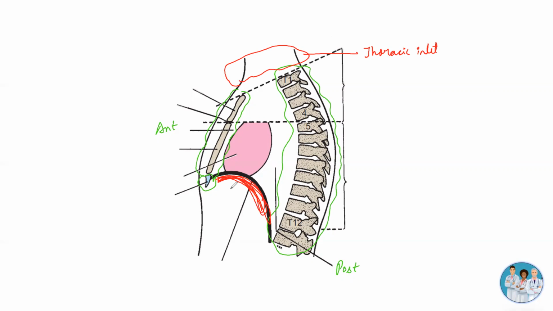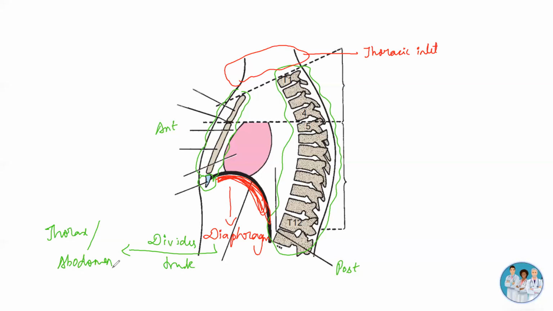Inferiorly it is bounded by the diaphragm, and we should not forget that the diaphragm divides the trunk into the thorax and the abdomen.